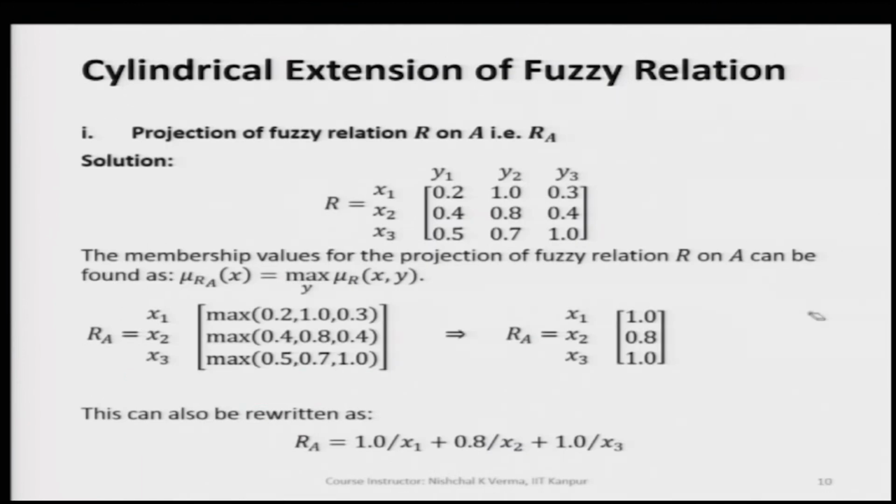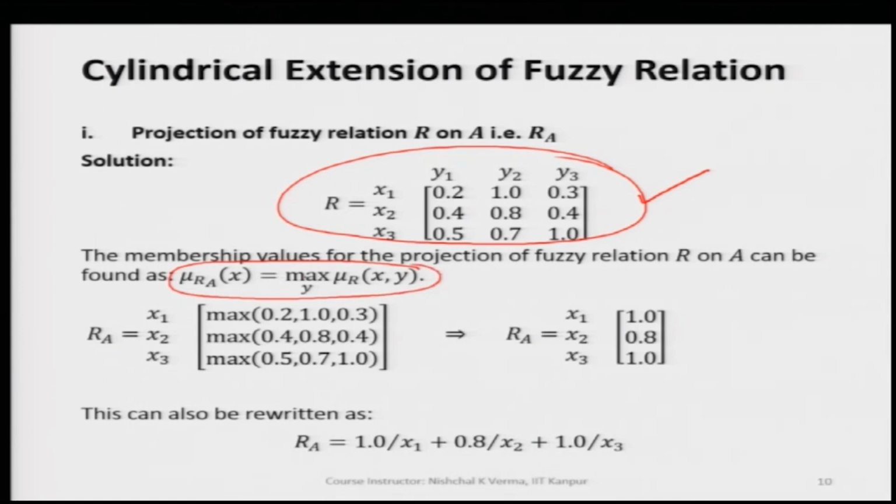So, here we have the relation fuzzy set that has been given to us, and we apply the formula for finding the membership values for the resulting fuzzy set after taking the projection on A. So, the formula is here. As I already mentioned, when we take the projection, we are reducing the dimension.